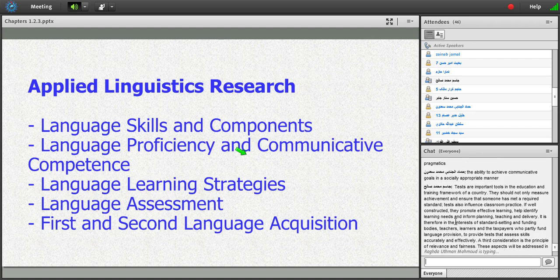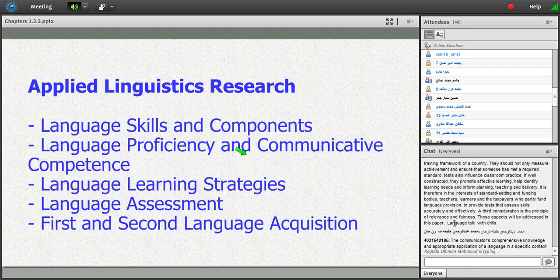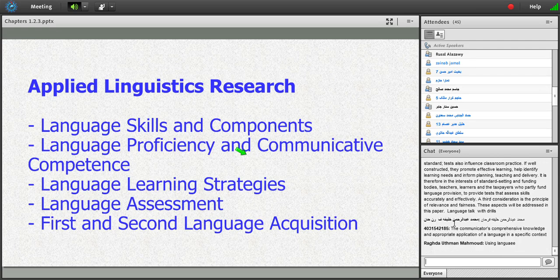Good. Tests are important tools in education and training framework. Yes, good. A very long one. Let me read it. Provide tests that assess skills accurately. Principle of relevance. Thank you. The communicator's comprehensive knowledge and appropriate application of language. That's right, using the language. Exactly. Thank you very much.